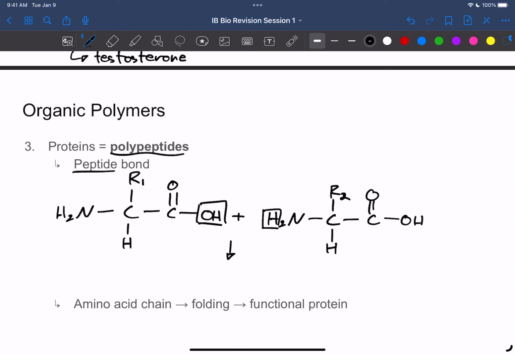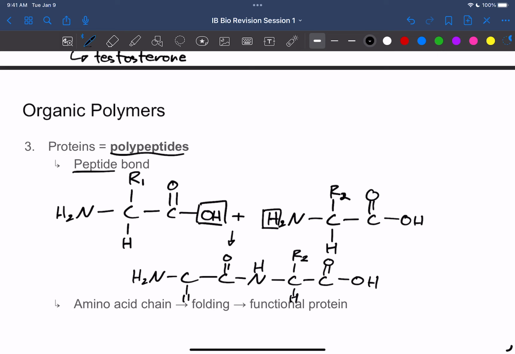And the result is going to be a dipeptide.